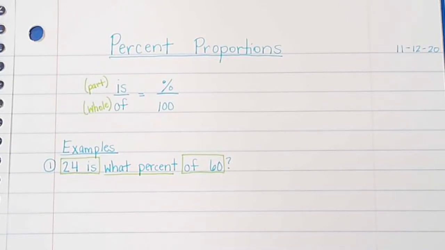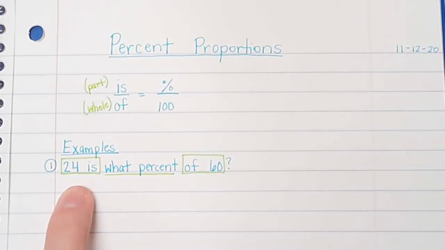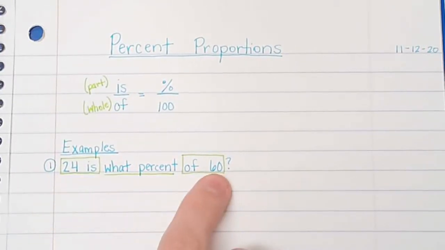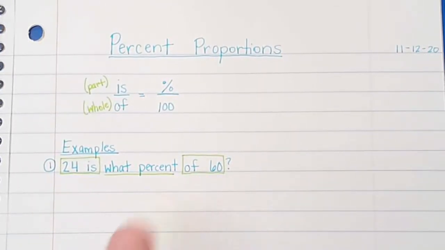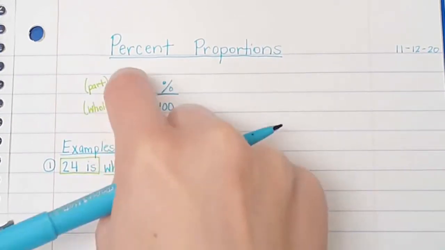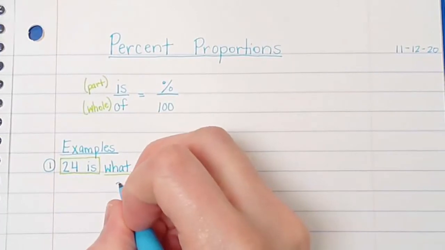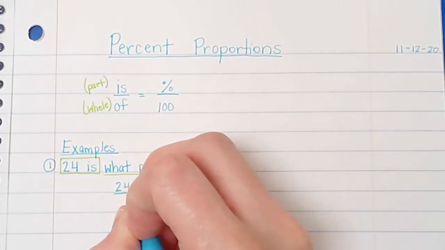So the percent must be what's missing, what I'm trying to find. It literally says what percent. I don't know what the percent is. I'm trying to figure it out. But the reason I boxed these in was because hopefully you can see that 24 goes with is, 60 goes with of. So therefore, I just have to put those numbers in those spots where they are in the proportion. So you'll see 24 goes on top because it's with my is. 60 goes on bottom because it's with my of.